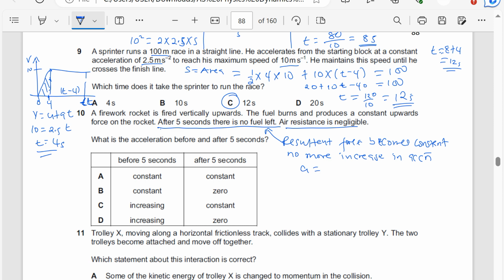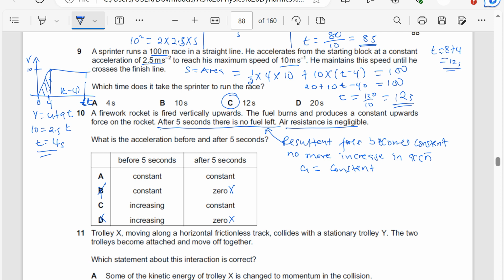So a is equal to a constant. After 5 seconds, the acceleration becomes constant. So we ignore the ones which are saying 0. So we ignore B and D.